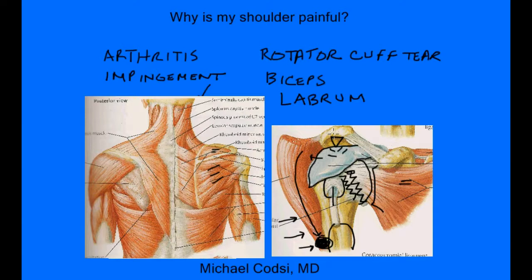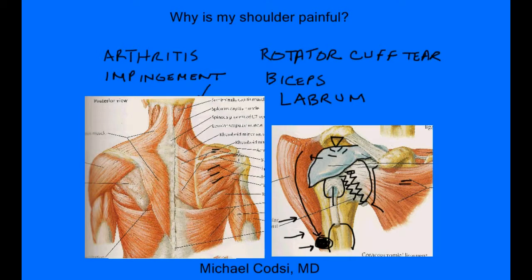And lastly, a very common problem that you can't really see if you just look at it with a camera, or if you look inside the shoulder, but you can see just by looking at how a person's joint moves, is when all this tissue around the shoulder becomes very stiff and does not stretch like it normally should.